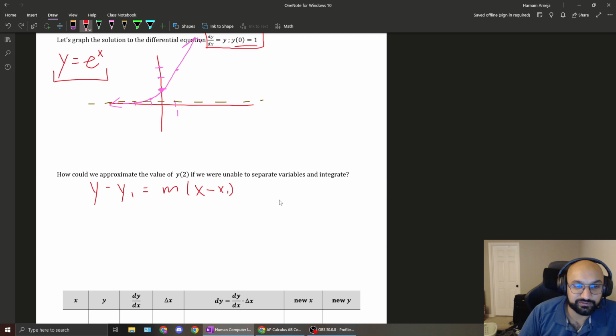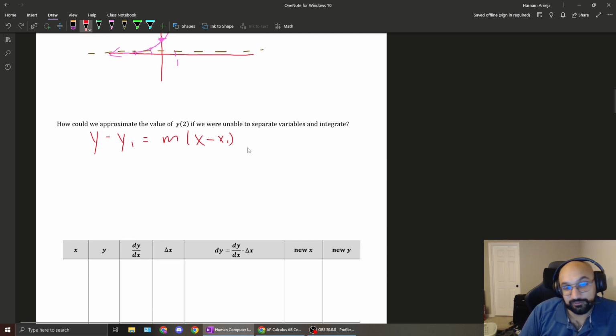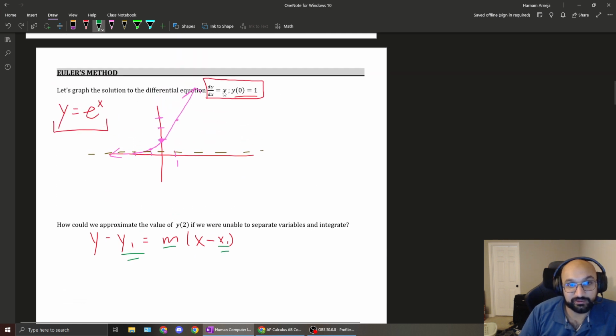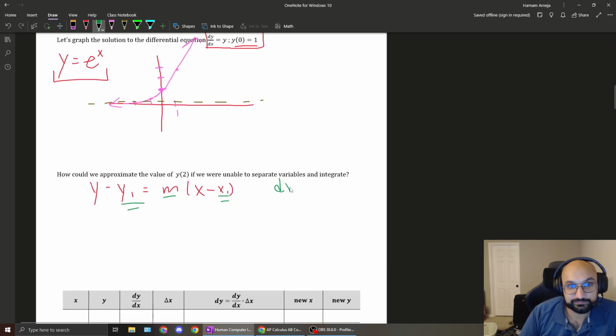This is the equation of a line that has the point (x1, y1) and a slope of m. Because we're using linearization in calculus, the m comes from the derivative. x1 and y1 are provided. If you take a look at what we have in the box, dy/dx is y, and y of 0 is 1. We have all the information we need to do at least one linearization.